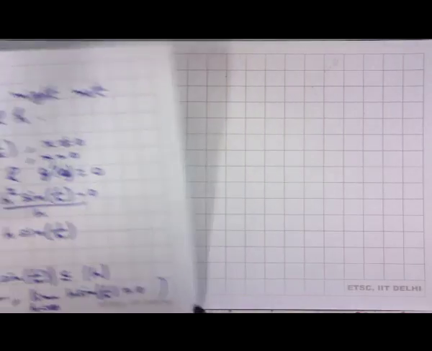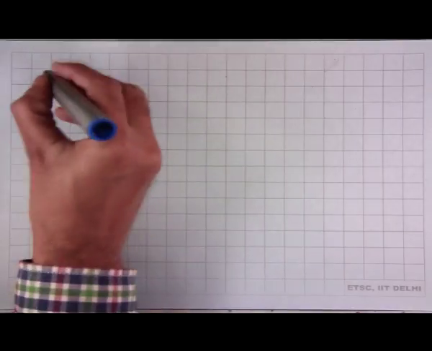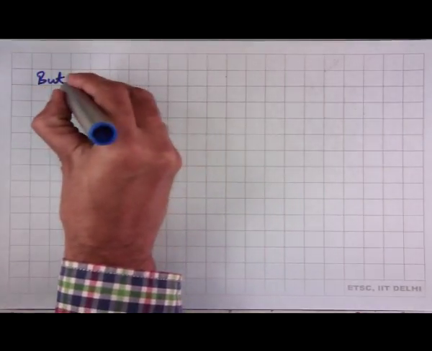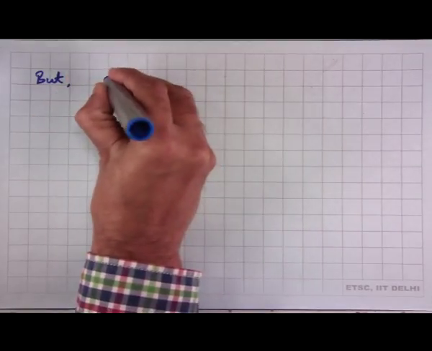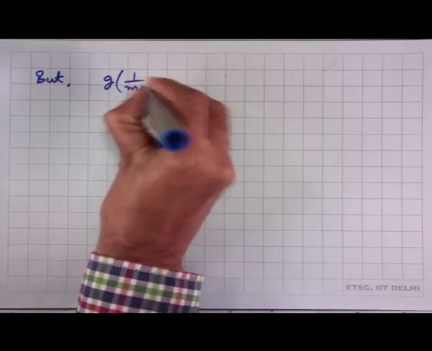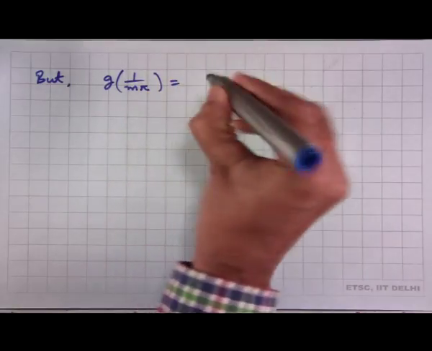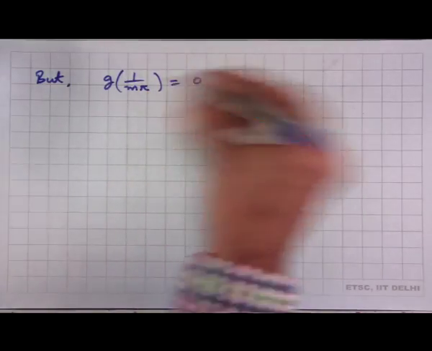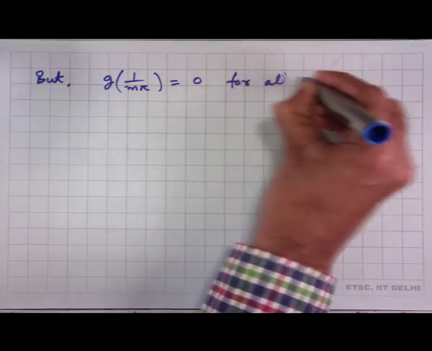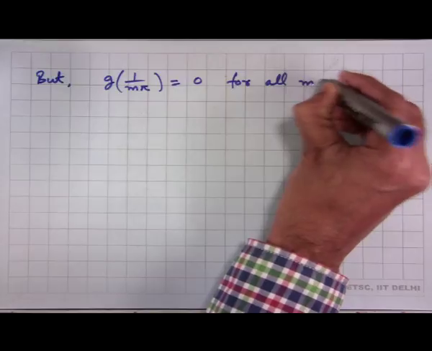But if you see for this function, g of 1 by m pi is equal to 0 for all integers m.